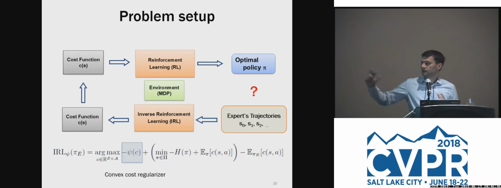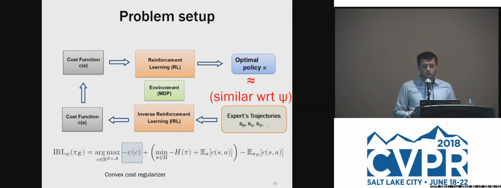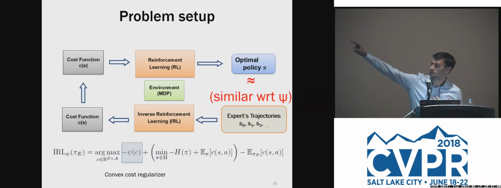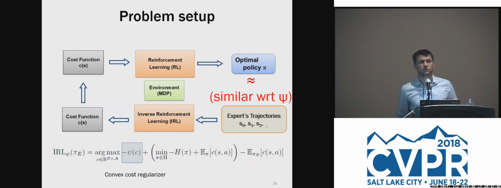Anything you want, that's a regularizer that you introduce in your optimization problem. It turns out that this regularizer is very, very important because it affects the way in which you measure similarity between the optimal policy that you get and the demonstrations that you provided as input. So it plays a very important role.